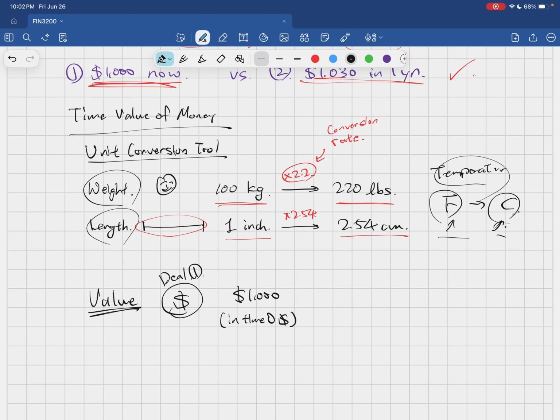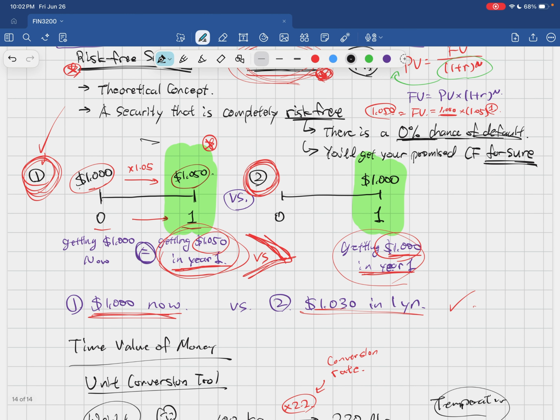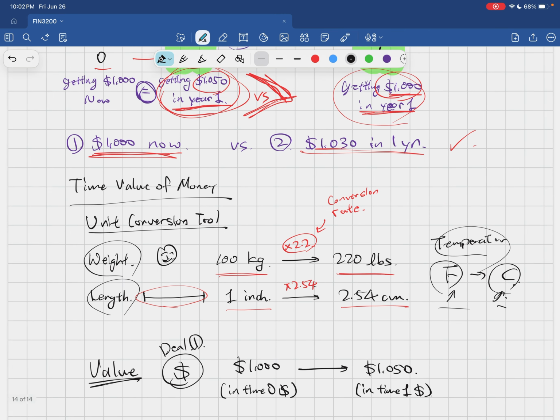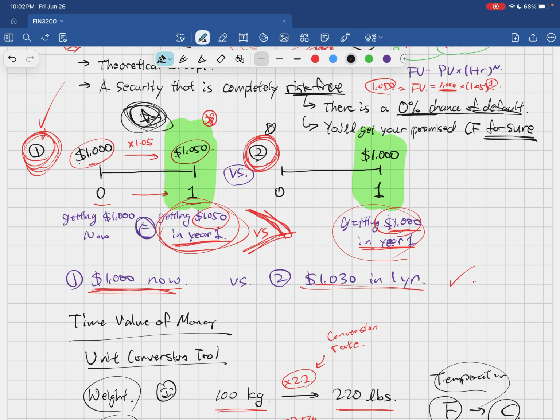Right now what we did up here is we've expressed the same deal in a different unit. So this was expressed in time $1. As I said before, we were trying to align the time periods so we could make a comparison with the second option, because the cash flow for that one occurred in year 1.